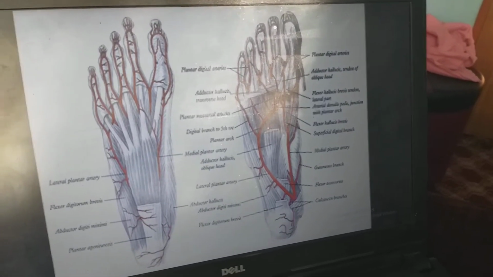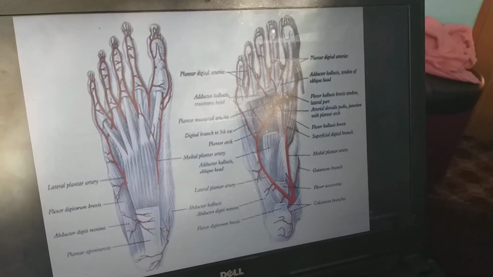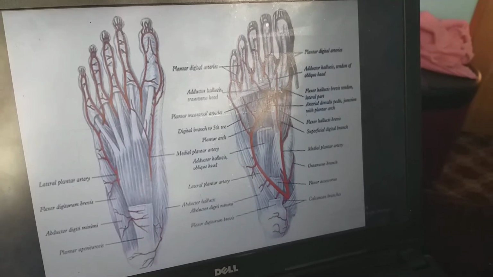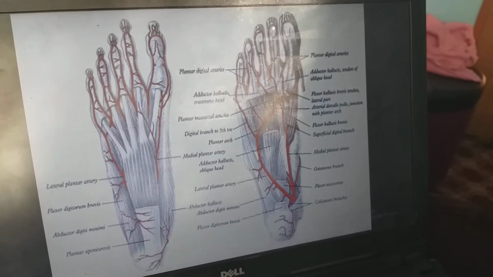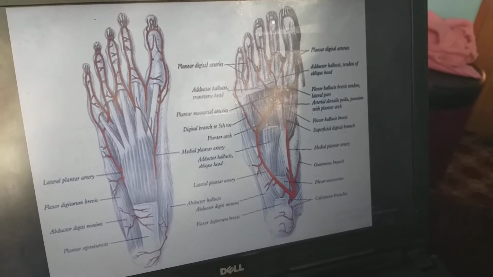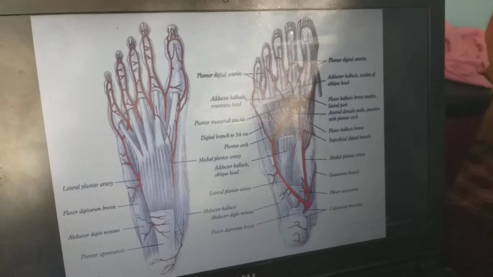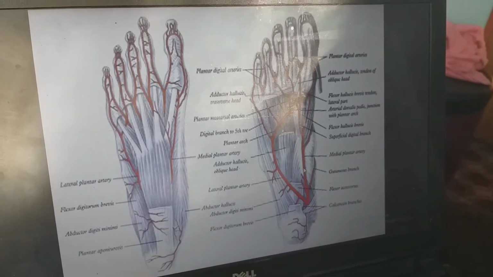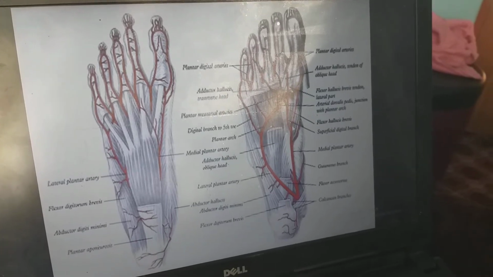You can observe here the other, the posterior tibial artery. As it is passing between the calcaneus and the medial malleolus, it will divide into two on the plantar side. One is on the medial side of the plantar, the other is on the lateral part of the plantar. The one moving around the medial part, on the medial side, we call the medial plantar artery.